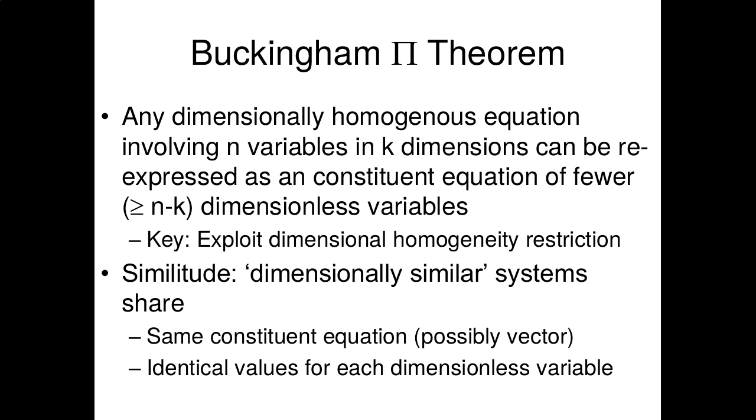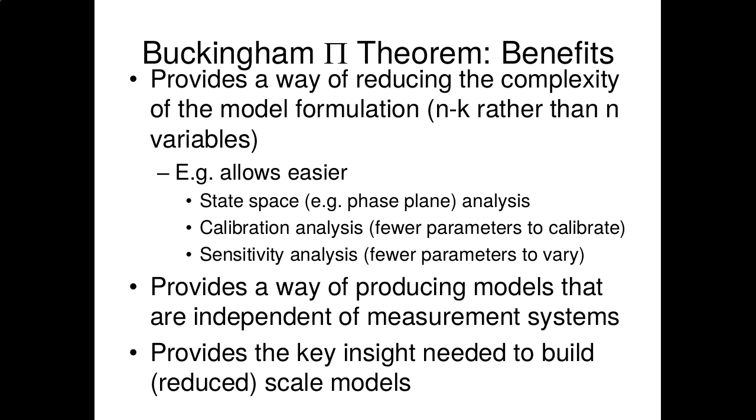We can make it much simpler. We can strip out unneeded complexity. Okay? So we can go down from something like 5 parameters to 2 and perform calibration more easily, putting our efforts into estimating fewer parameters, etc.